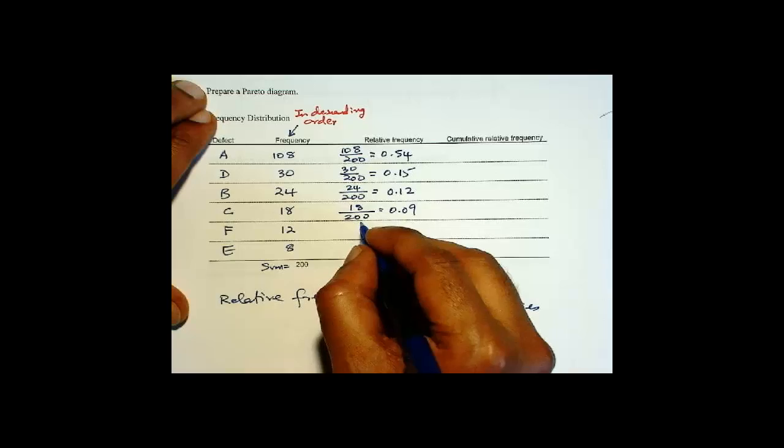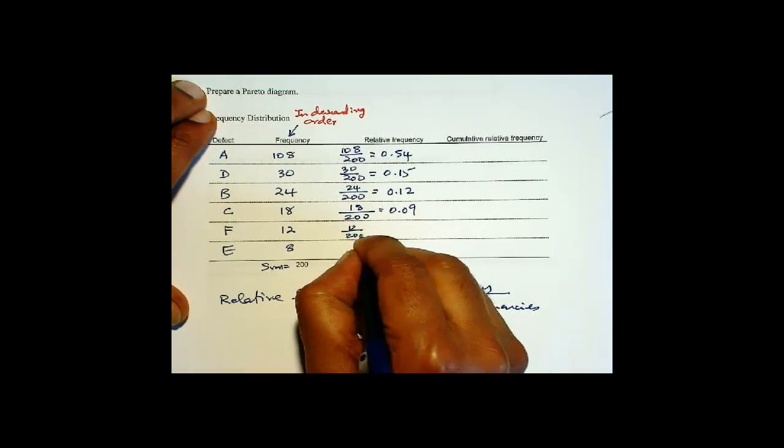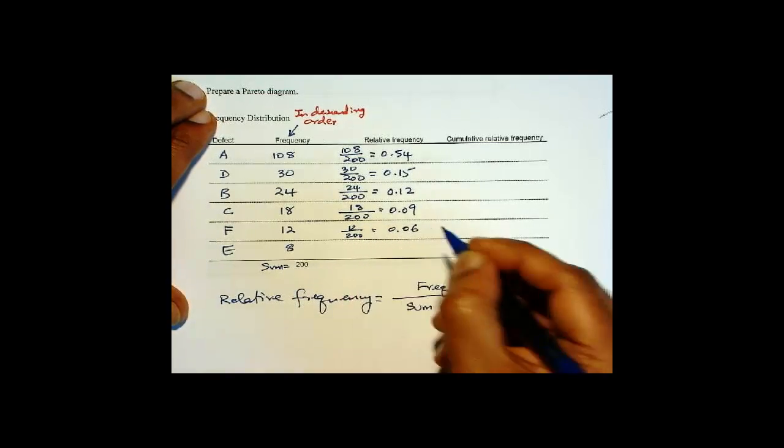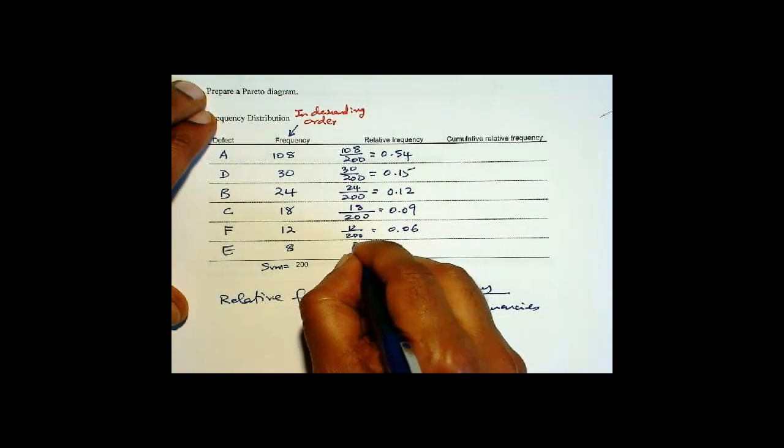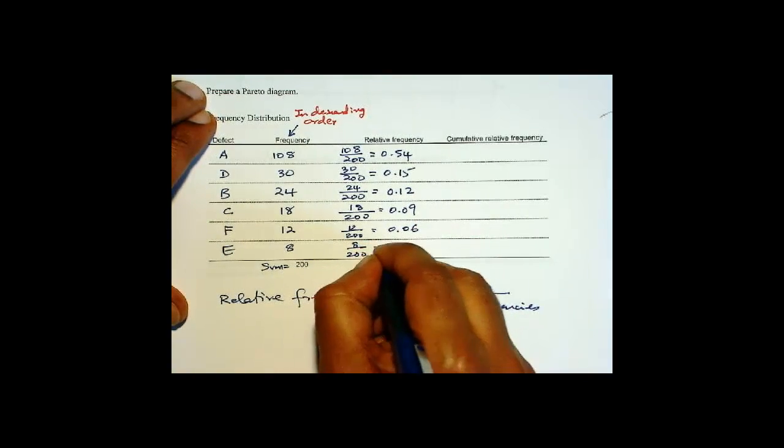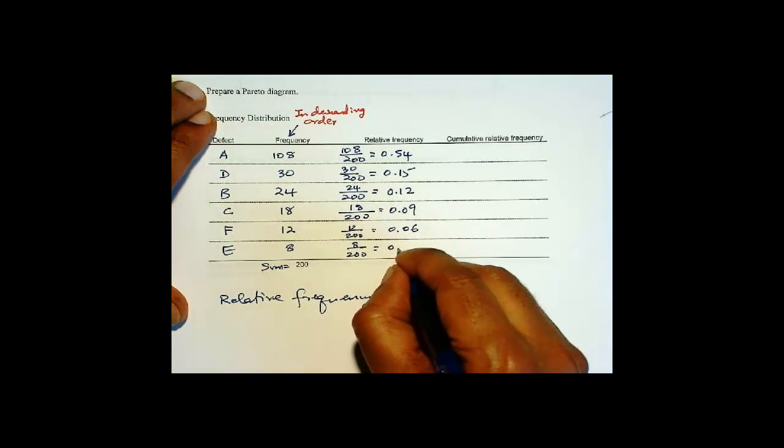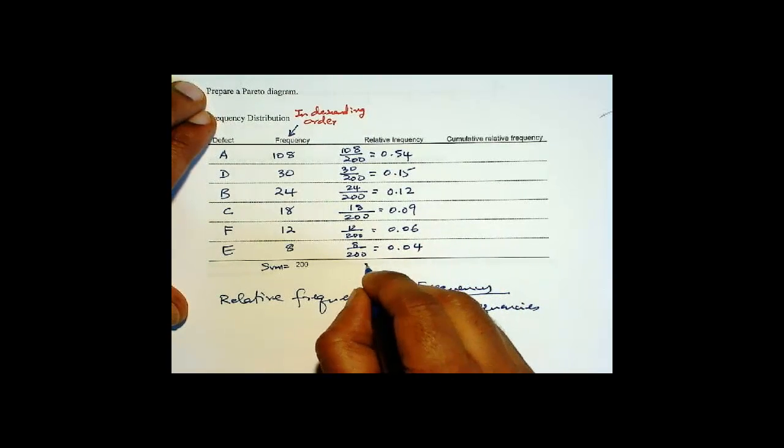And 12 over 200 is 0.06. And 8 over 200 is 0.04. Of course, this should sum to 1.